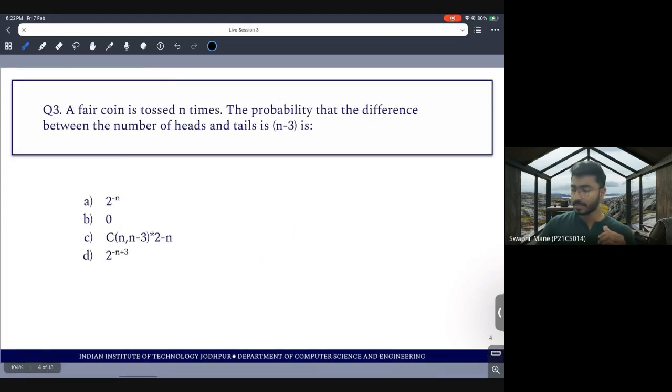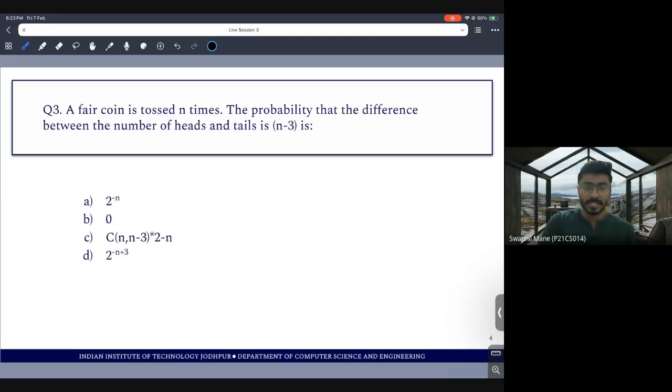Next question. This is also a simple question. Try to read this question carefully and try to solve it. After a few minutes, we will solve it anyway, but please try yourself first.